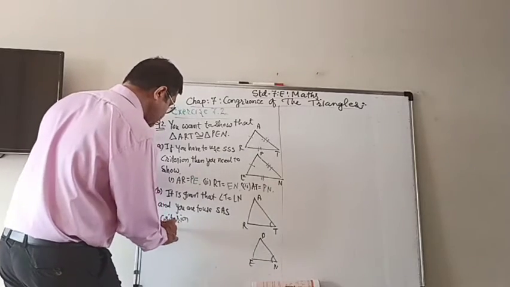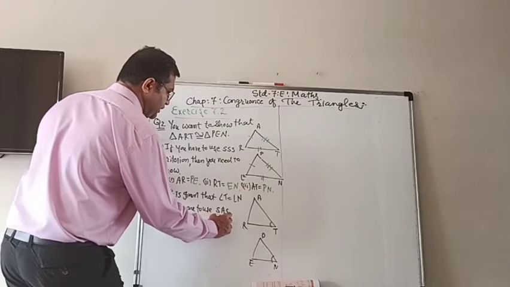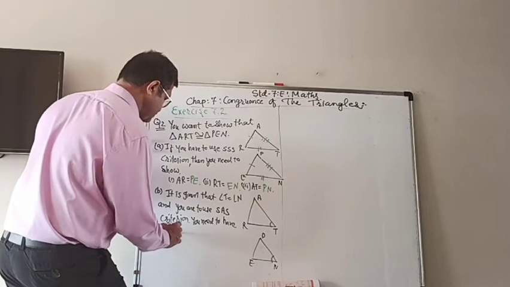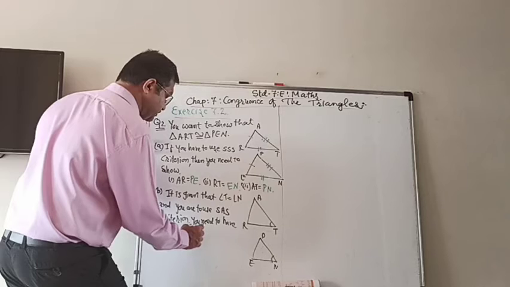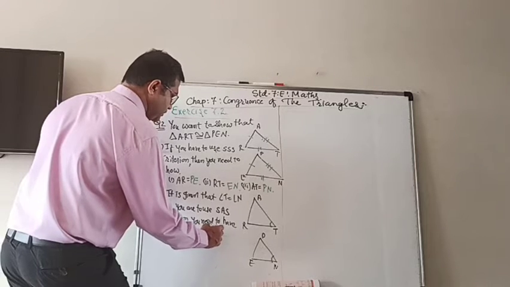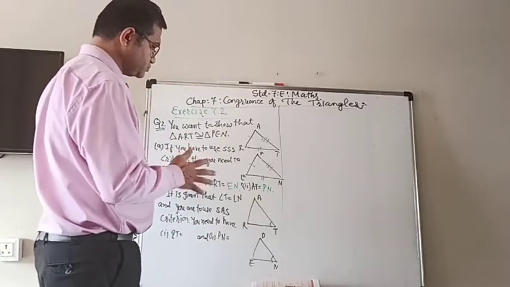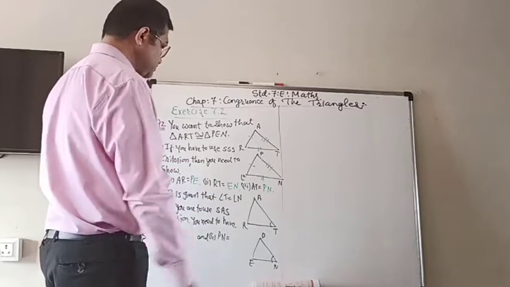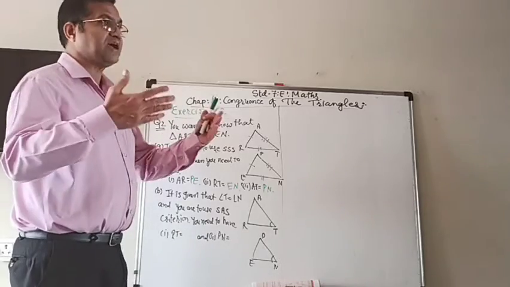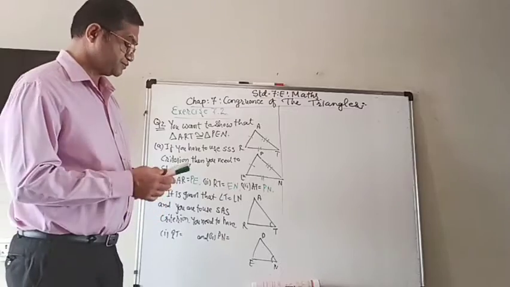You need to have first RT equals, and second PN is equal to. Now you know that in SAS criteria, two sides and the included angle between them are needed.